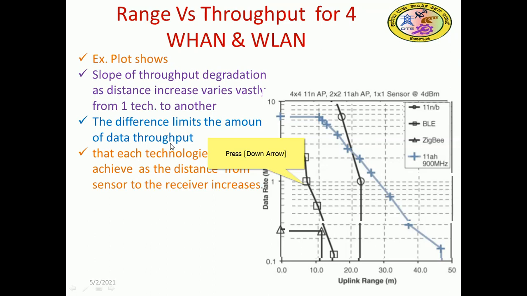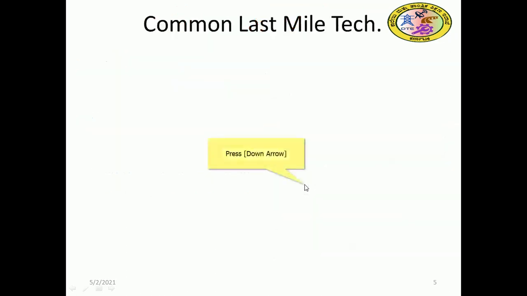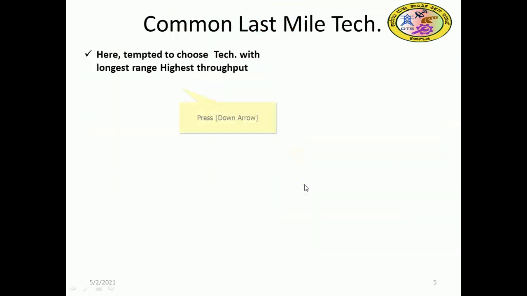As the distance increases, it decreases slowly, but not like the other technologies, Zigbee and the circle, that is 802.11, and also BLE, right? So that is the observation: the common last mile technologies, we have seen 4 technologies, that is Zigbee, 802.11ah and BLE.